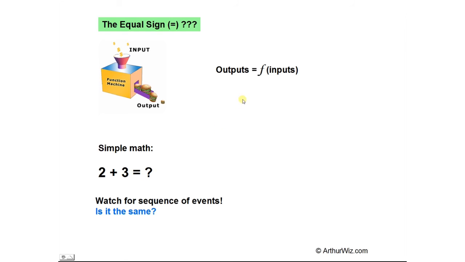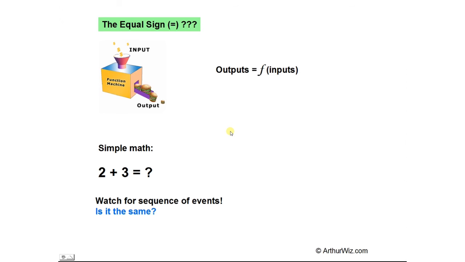And when we look at the functions, we have the input first on the right hand side, and then the output on the left hand side. And this is very different from math. This is because the equal sign in a programming language doesn't mean equal.